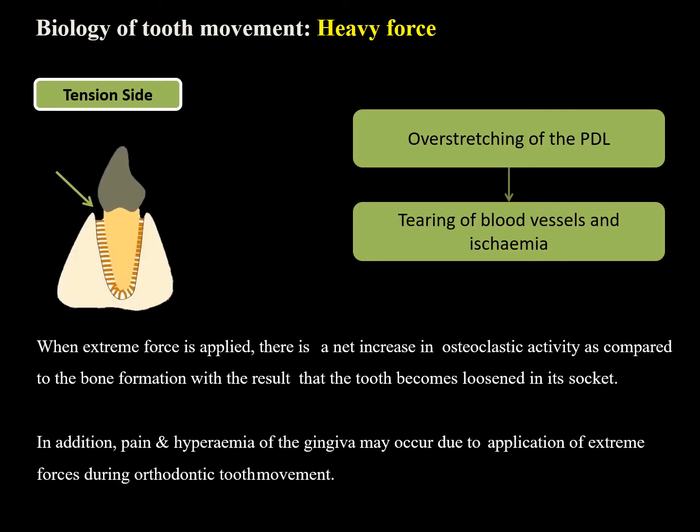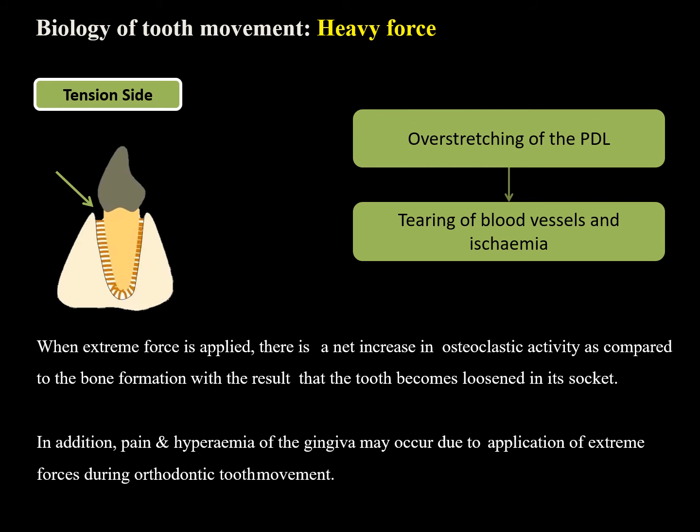So what happens to a tooth when a heavy force is applied? So we shall see what changes occur on the tension side. There will be overstretching of the periodontal ligament fibers, and this will lead to the tearing of blood vessels and subsequent ischemia. So when an extreme force is applied, there is a net increase in the osteoclastic activity when compared to osteoblastic activity.